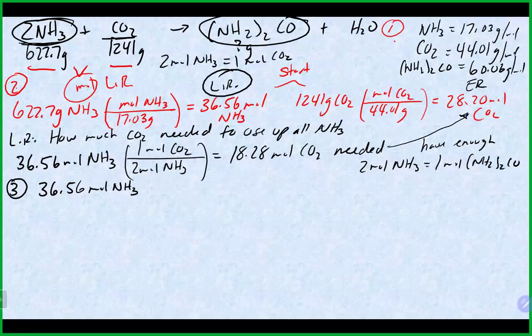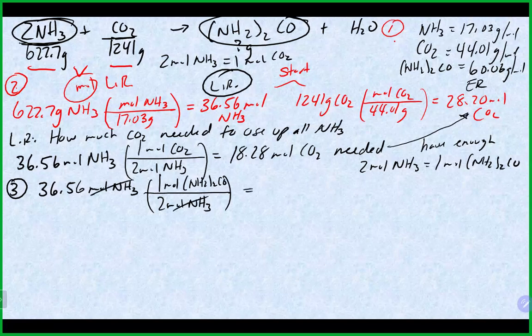And that's what we're going to use here to do our conversion. So 2 moles of NH3, 1 mole of our product. Those are going to cancel, going to get us 18.28 moles of our product here.